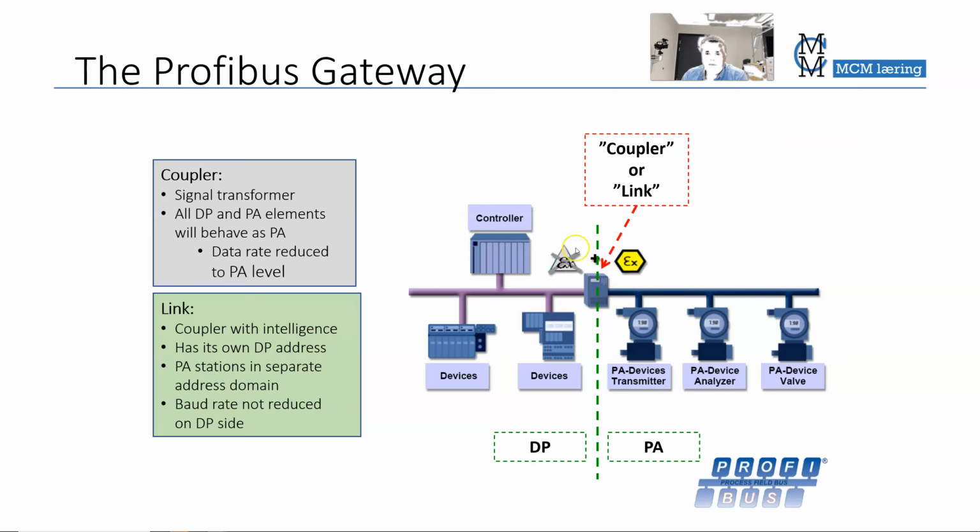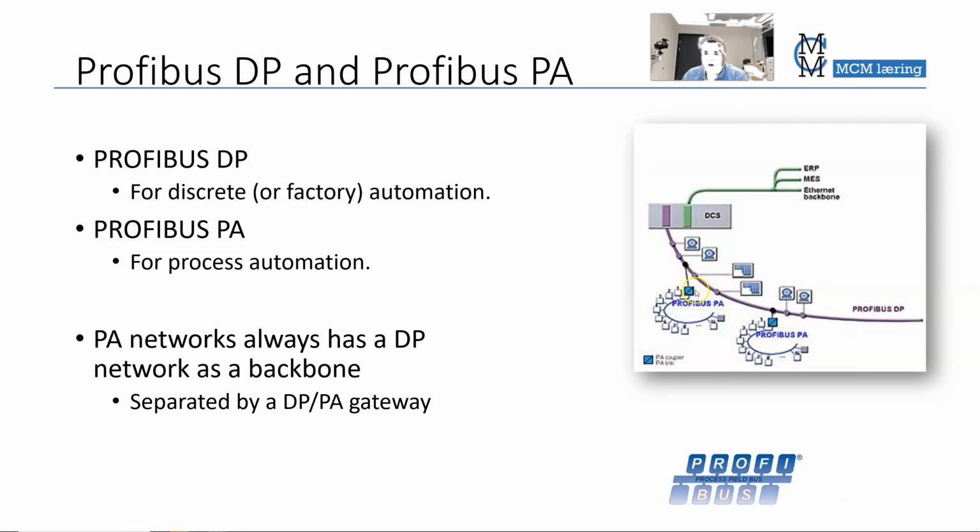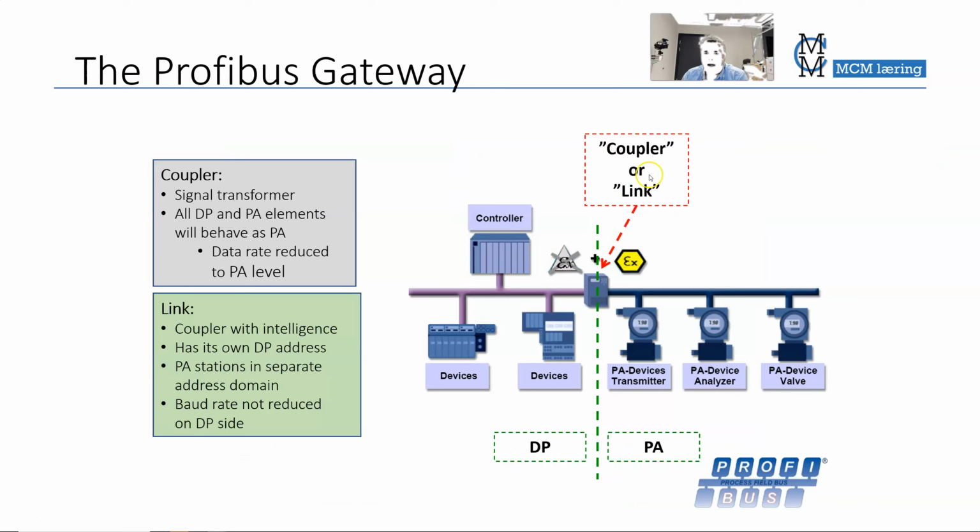The link between the DP and PA networks in this figure, that would be the blue box. That's the link. That is actually a gateway, because you have 2 different networks. You have a fast DP network and a safe PA network, and they operate with different protocols, so you need a protocol translator. The gateway comes in 2 different forms. If it's a coupler, then it's simply a signal transformer.